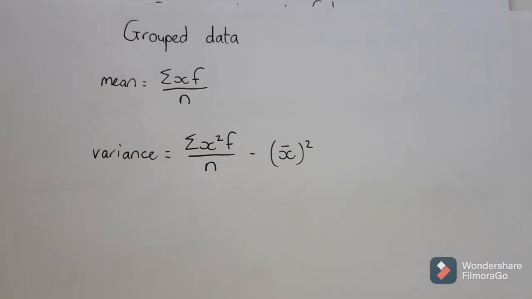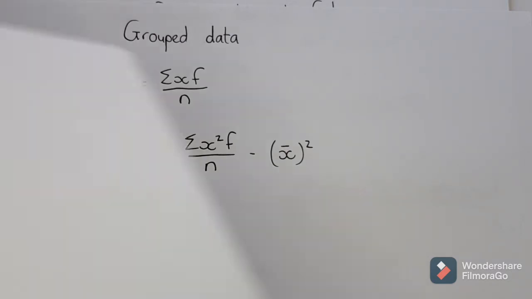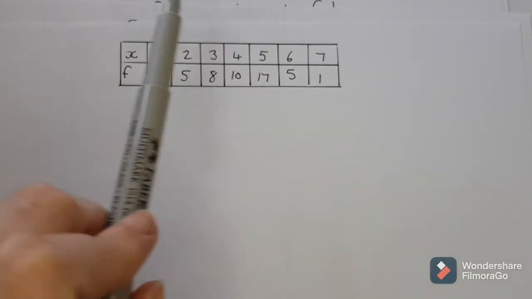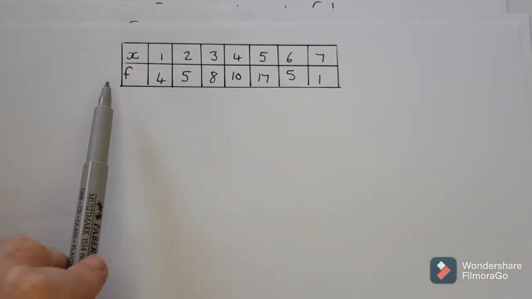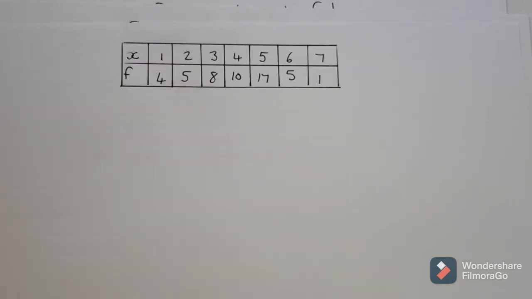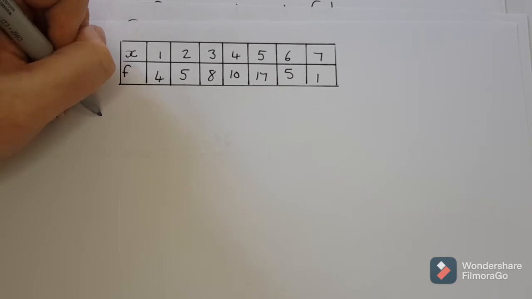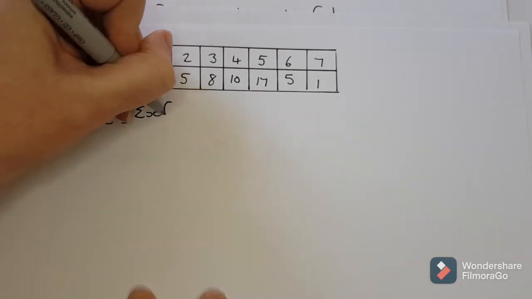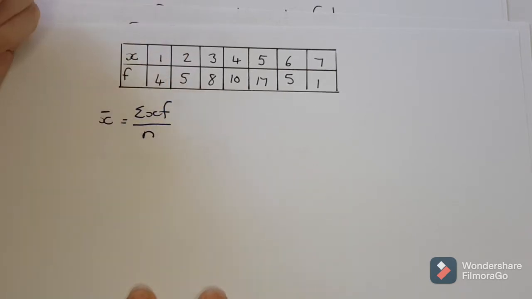So if we look at an example, I have got a whole bunch of x values, and I've summarized the frequency of each of those x values. So what you're going to do to find the mean is you are going to say the sum of x times f over n.